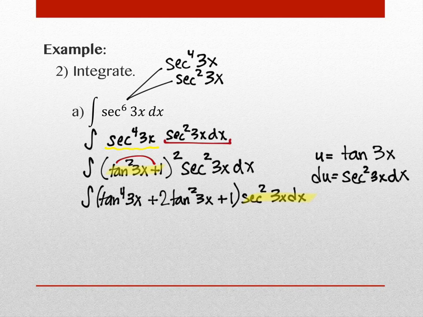So the derivative of tangent is the saved piece that I have at the end. That's why I'm saving it, so that I have the du there. But the derivative of tangent of 3x is not exactly secant squared 3x. I also need a 3, which will become a 1/3 on the other side. So there's a 3 right here. I'll put it in here, and then we'll move it as a 1/3 over to the du side.